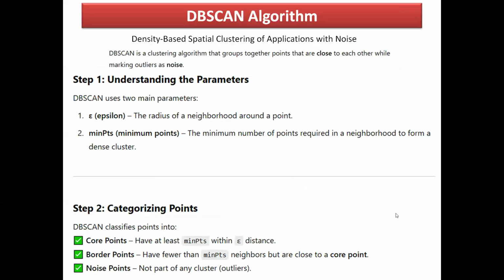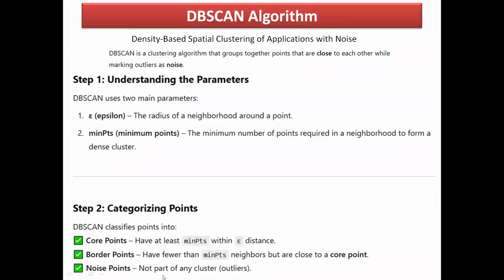In the case of the DBSCAN algorithm, we specify a radius in the form of epsilon and a minimum number of points. By which way does this calculation come? First of all, we will see the categorizing points. Core points: at least this number of points should be there.